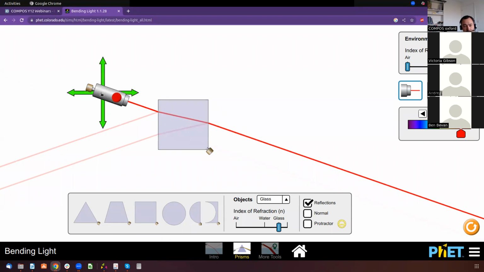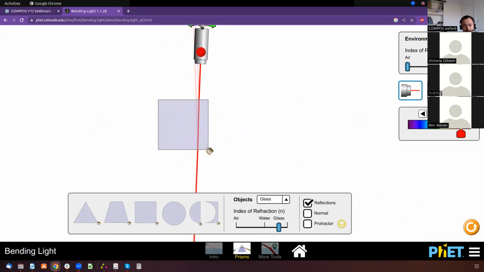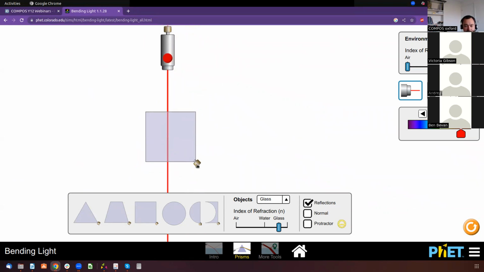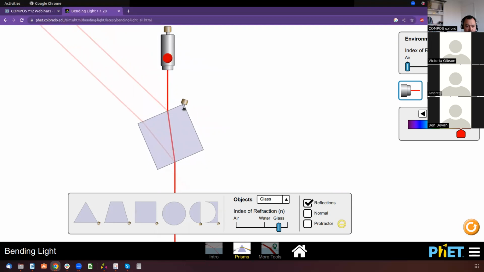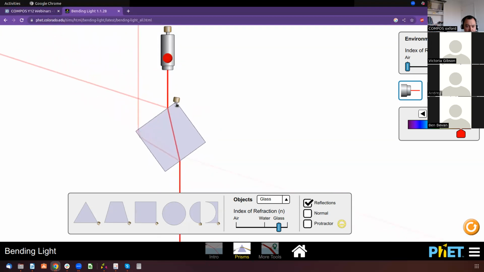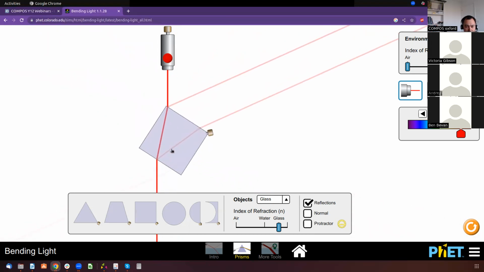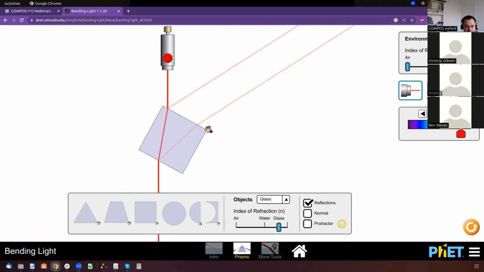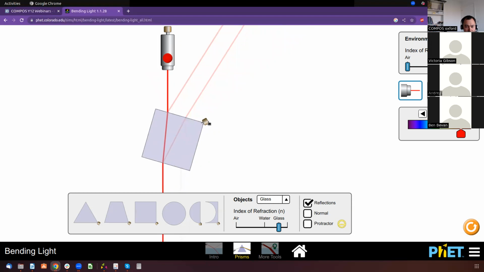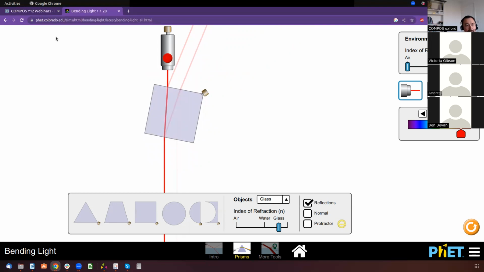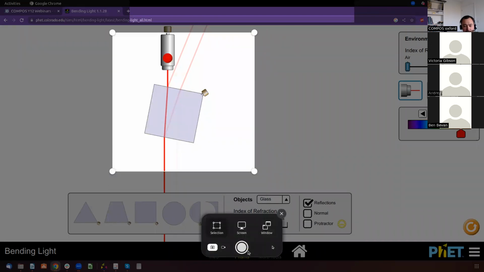So a glass, a vertical ray of light, and the glass placed at an angle. Oh, you can actually see it. Look.